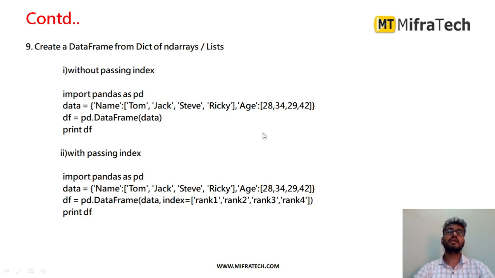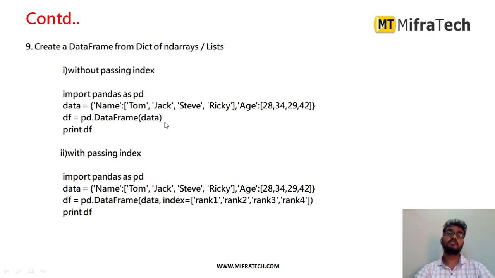So let's see how to create a data frame from a dictionary of arrays or lists. We can do this with passing an index or without passing an index. First we'll see how to do it without passing an index. First we have to import the library. After importing the library, we have to take a dictionary. Here the dictionary contains arrays inside it. After creating the dictionary, we pass that dictionary as a parameter to pd.DataFrame.